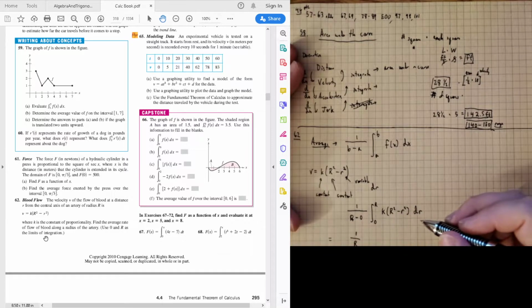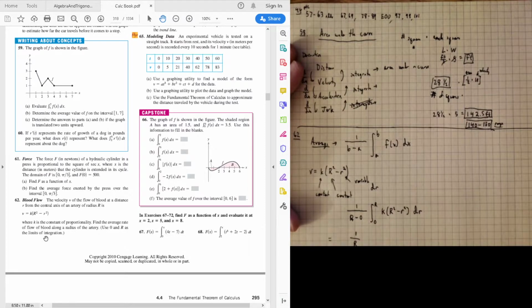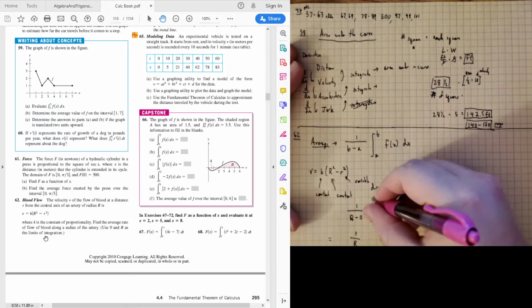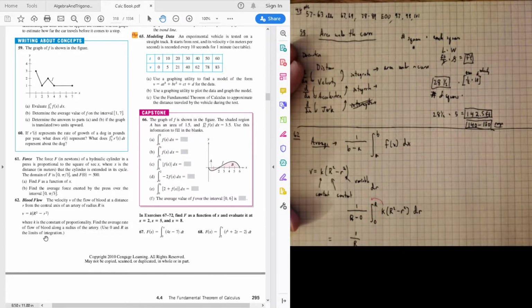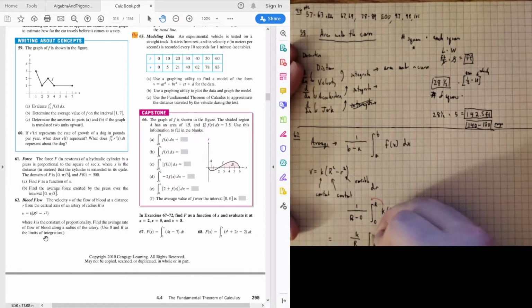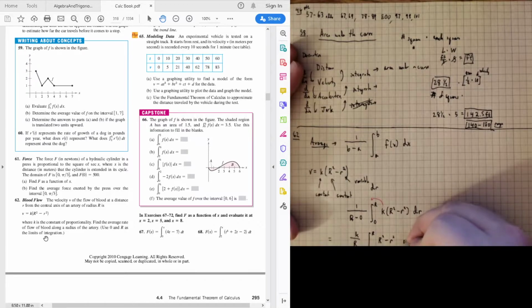K is a constant, which means that I can bring this constant out, meaning it doesn't do anything. So I can actually take that K and bring it outside the integration, left with a now simpler version, big R squared minus little r squared, dr.